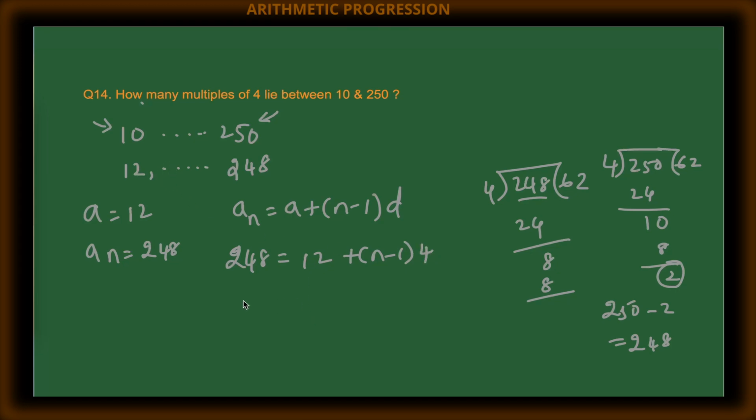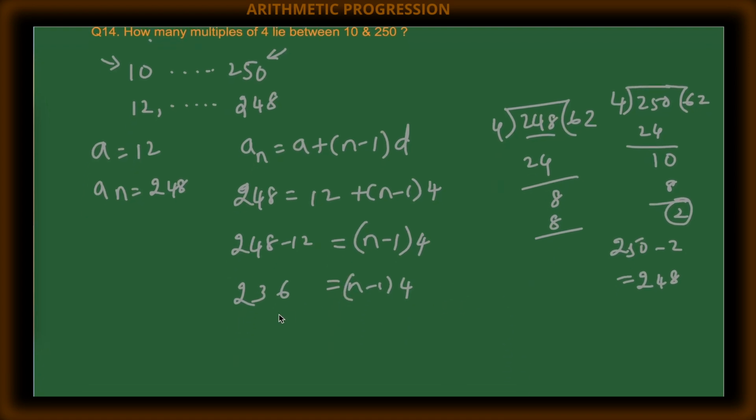Okay, so 248 minus 12 is equal to (n minus 1) into 4. So this becomes 236 equals (n minus 1) into 4.